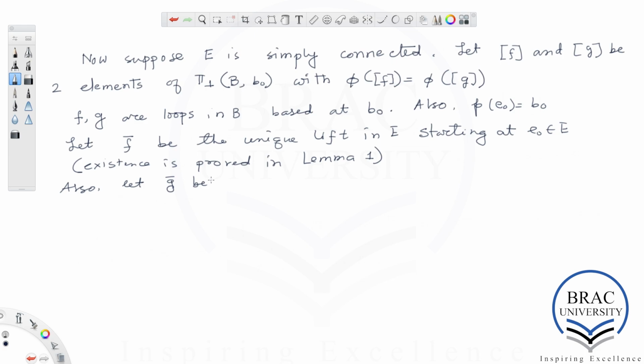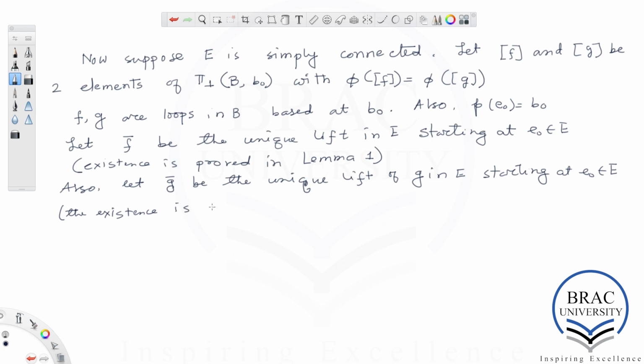Also let G bar be the unique lift of G in E starting at the point E0 of the covering space E, the existence of which is also guaranteed by lemma 1.